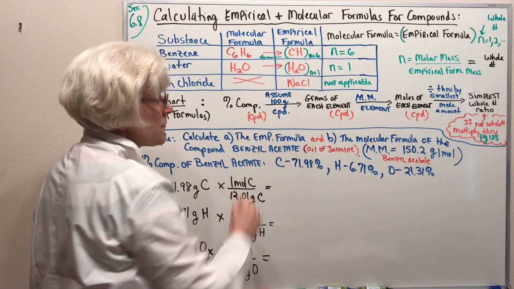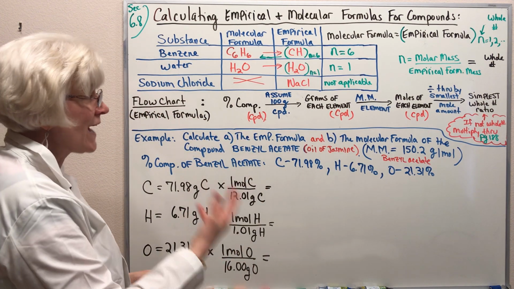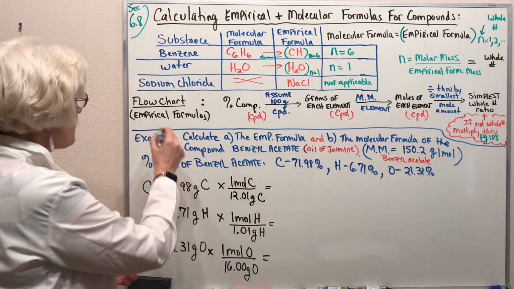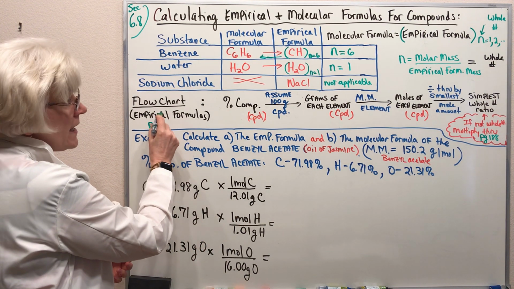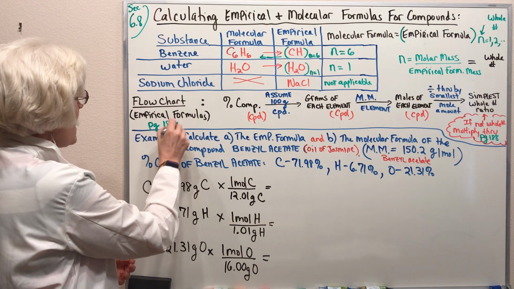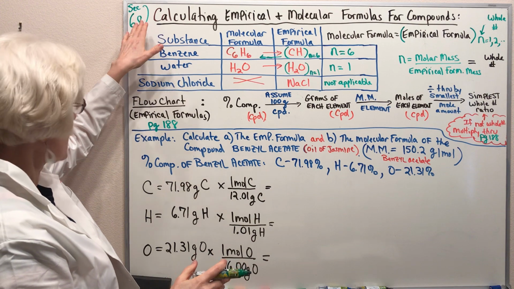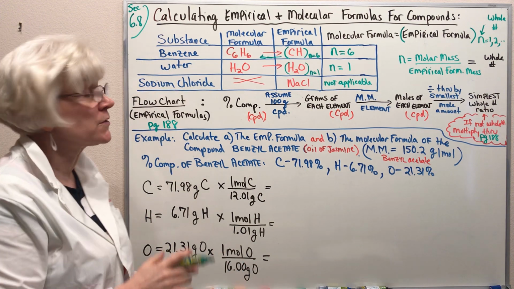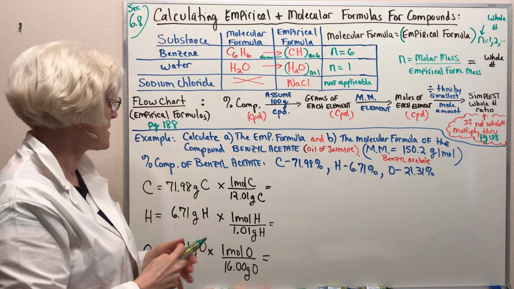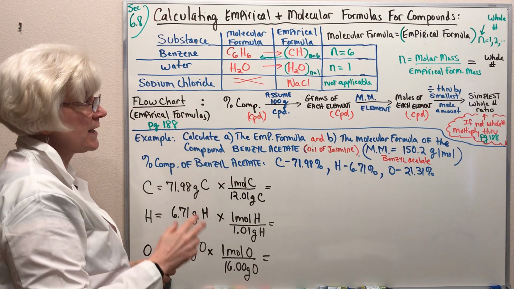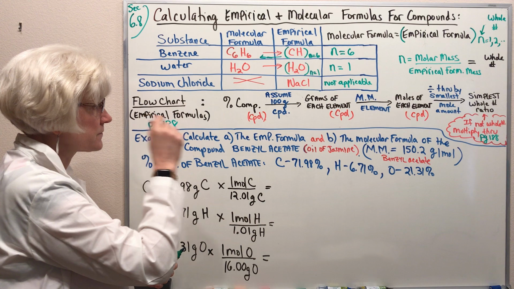Let's take a look at this flow chart for calculating an empirical formula. You can find this flow chart on page 188 of the text, in section 6.8, where empirical and molecular formulas are discussed. So here is a flow chart for calculating an empirical formula.